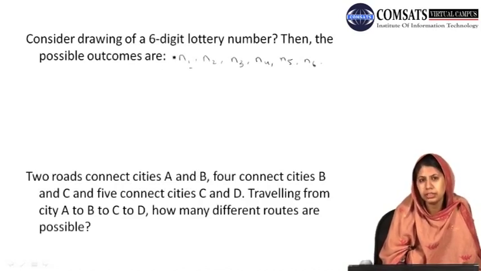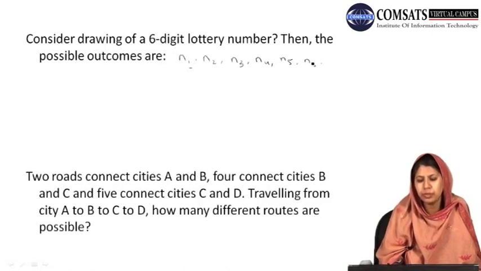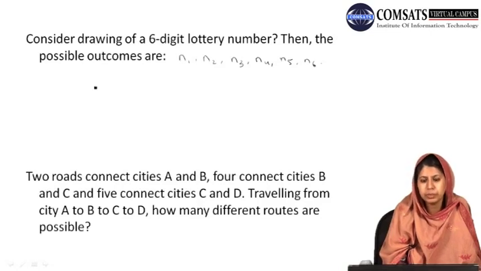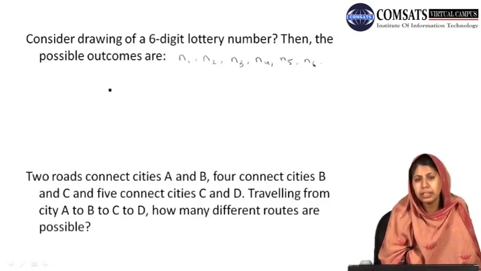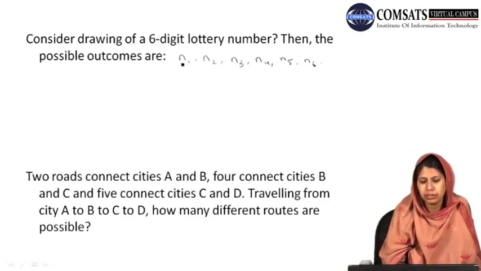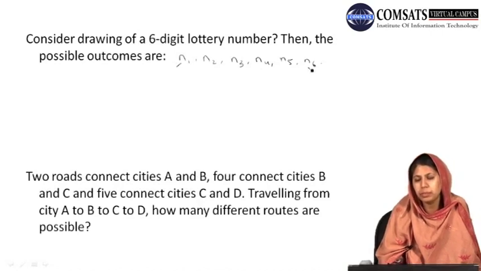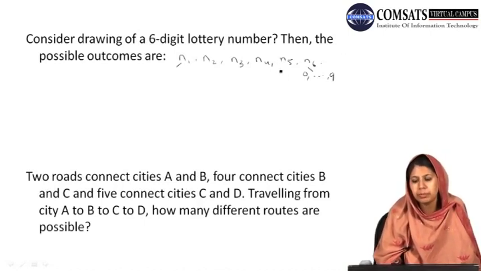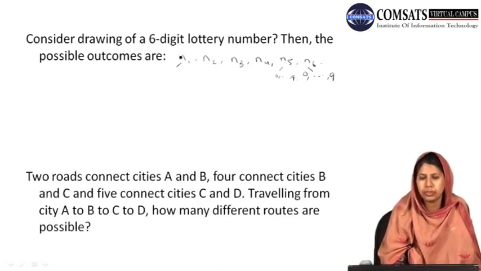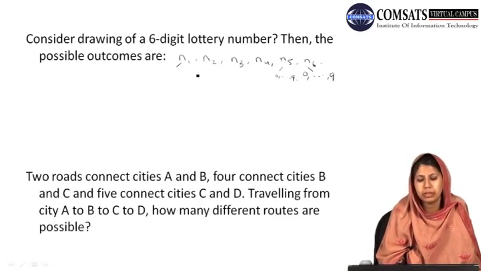Now these represent the 6 digits of our lottery number, and each digit or each event has 10 possible outcomes, that is the outcomes from 0 to 9. That is, the first digit may obtain any number from 0 to 9. Similarly, the second digit may also obtain any number from 0 to 9, which means that each digit of the lottery number has 10 possible outcomes.